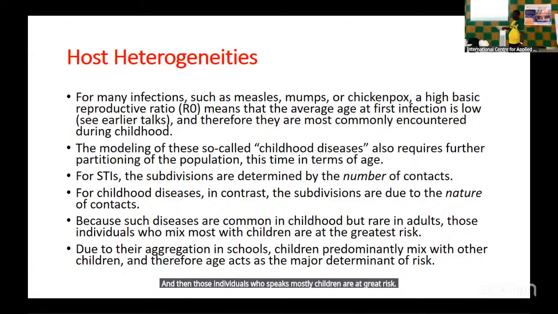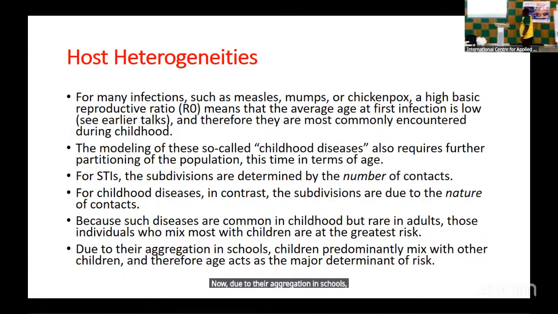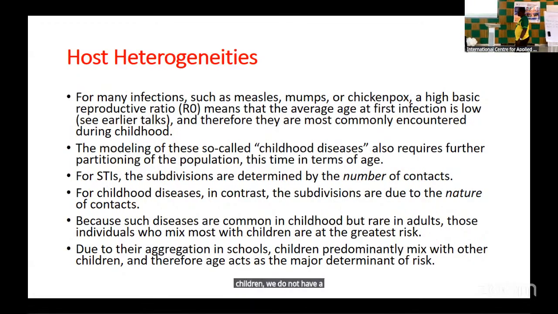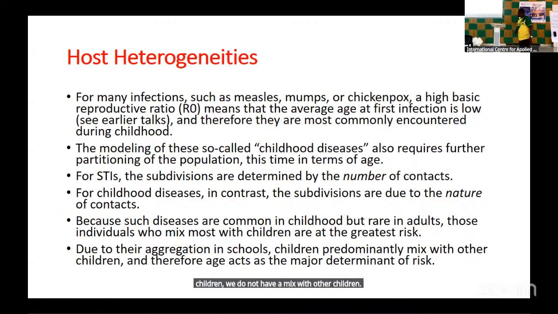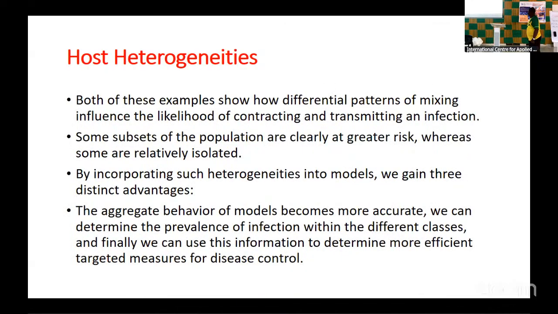Due to their aggregation in schools, children predominantly mix with other children, and therefore age acts as a major determinant of risk. So today we will continue, and both of these examples show how differential patterns of mixing influence the likelihood of contracting and transmitting the infection.